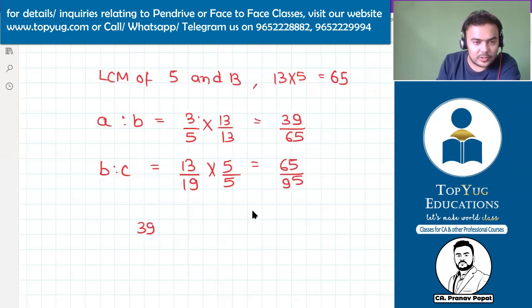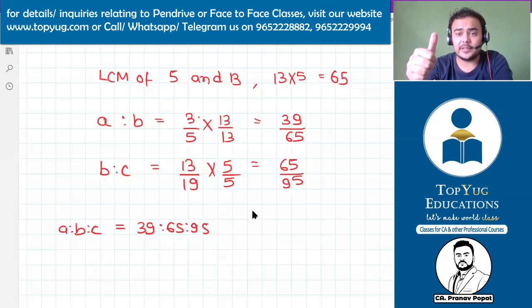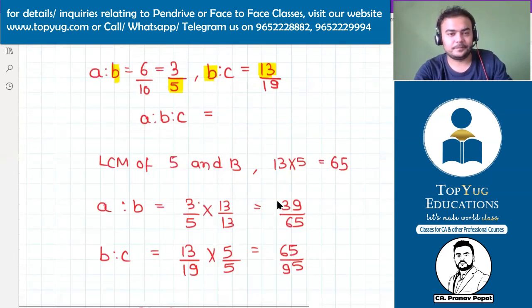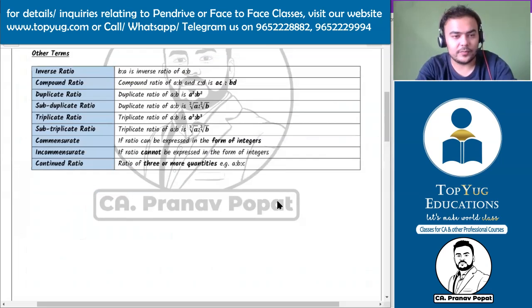The final ratio is 39 ratio 65 ratio 95, A ratio B ratio C. Okay guys? Fine. This was continued ratio, the ratio of 3 or more quantities.